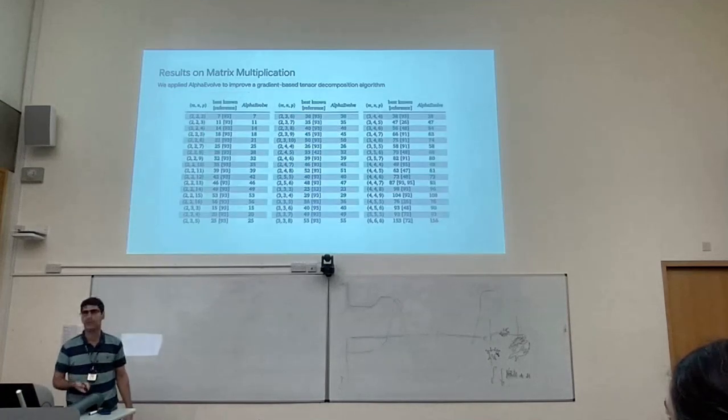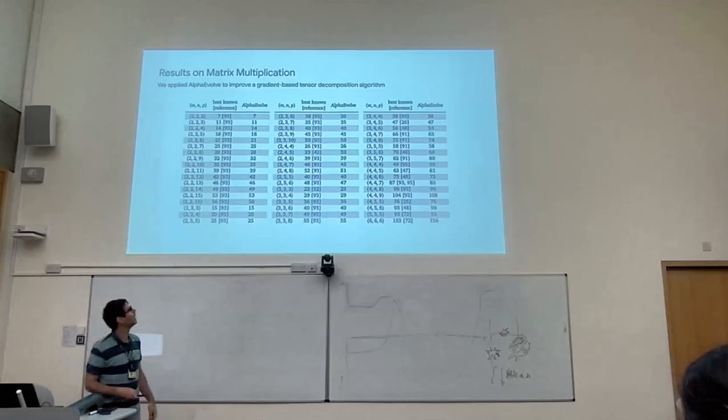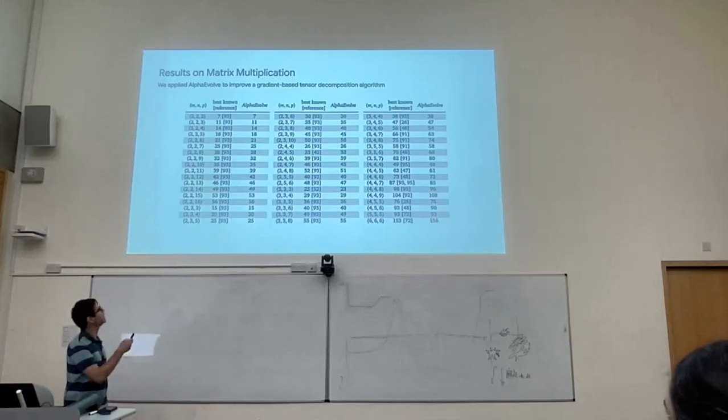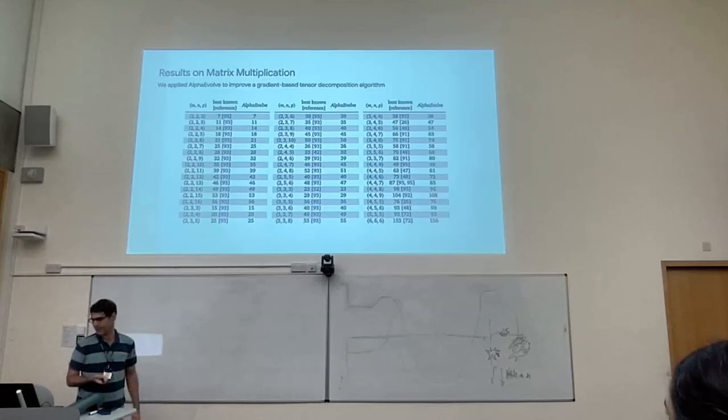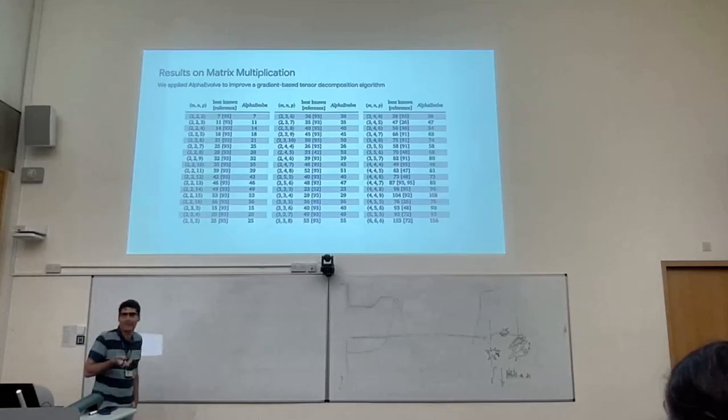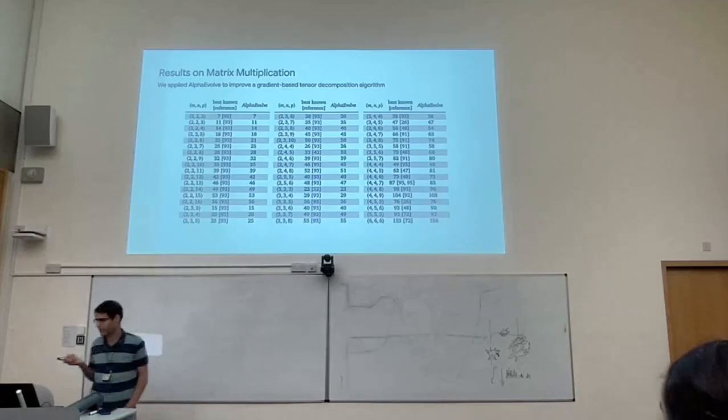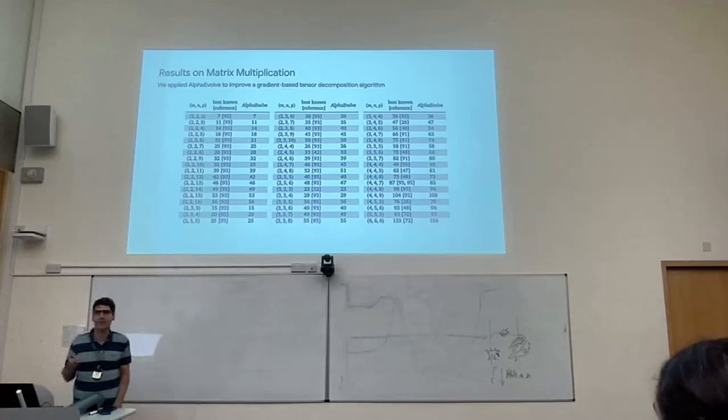And by doing that, we got this table where, again, you have matrix sizes. It's like the table I showed at the beginning, with the best known rank and the AlphaEvolve one. It's kind of surprising that this approach, which I would never have tried to be honest, even recovers state of the art for most of the matrix sizes that we tried.